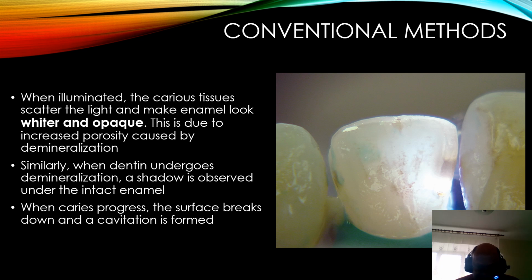When illuminated, the caries tissues scatter the light and make enamel look whiter and opaque. This is due to increased porosity caused by demineralization. Similarly, when dentine undergoes demineralization, a shadow is observed under the intact enamel.